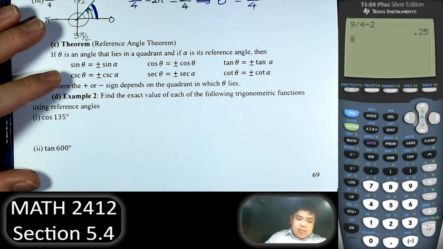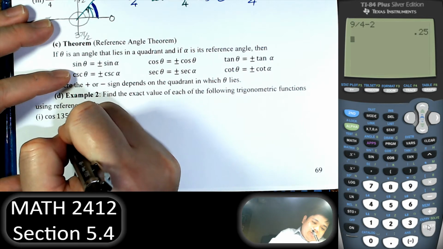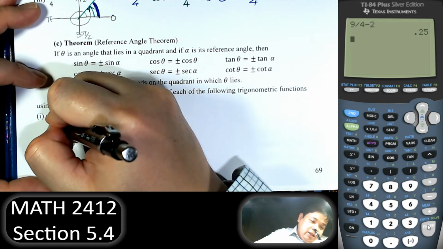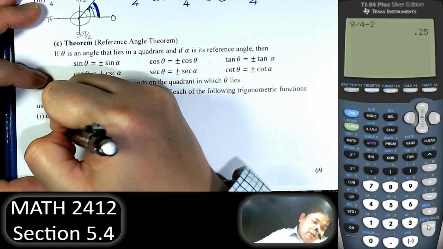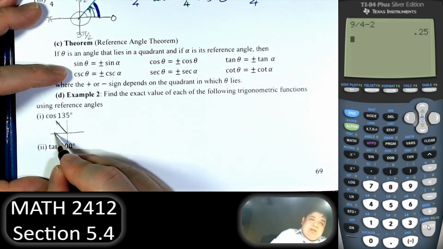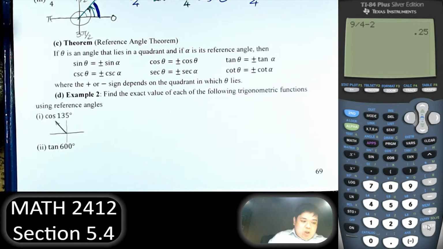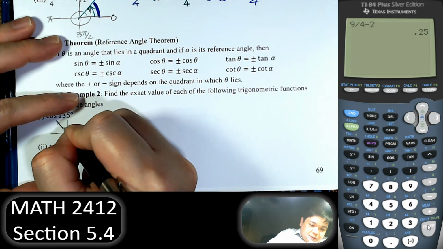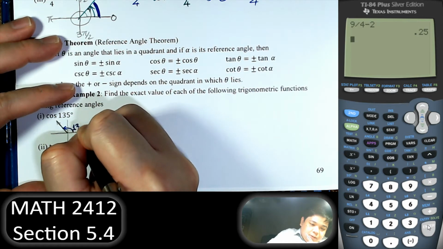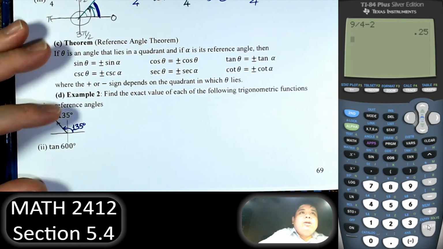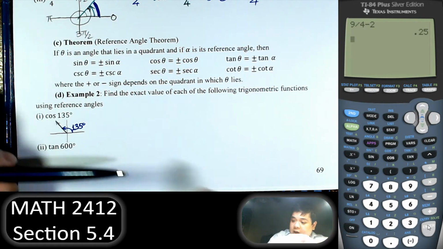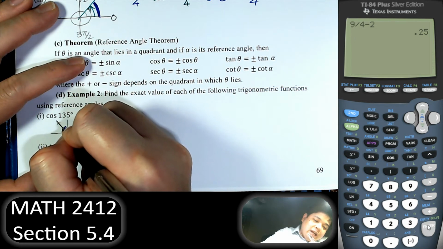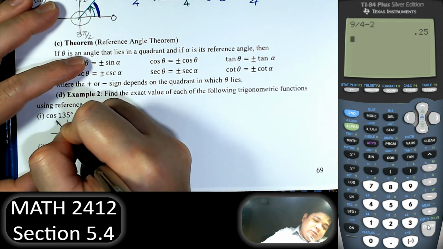So first, 135 will be here, right? 90, 180, so we have 135. Now, for the reference angle, we take the terminal ray with the x-axis, could be the positive x-axis, could be the negative x-axis.